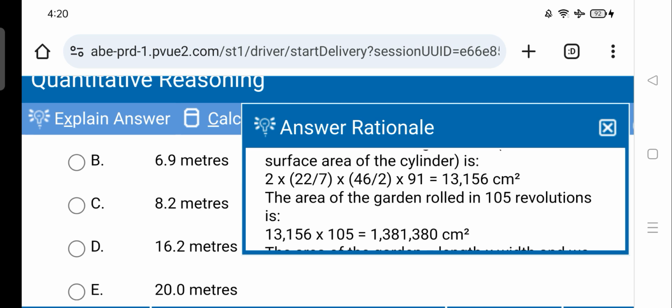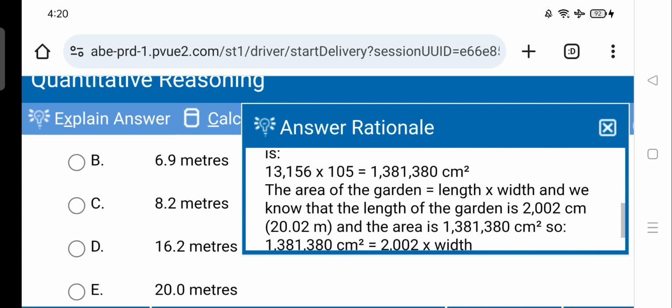So the area of garden rolled in 105 revolutions is 13,156 multiplied by 105 equals 1,381,380 centimeters squared.